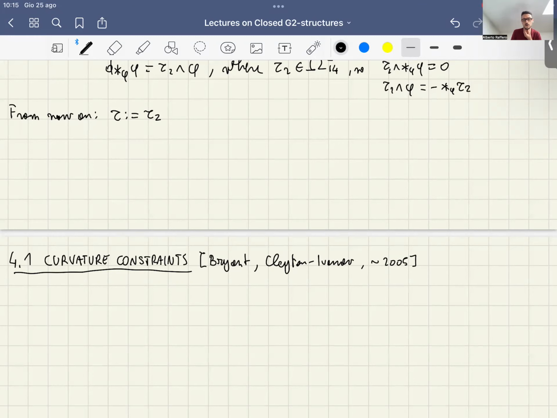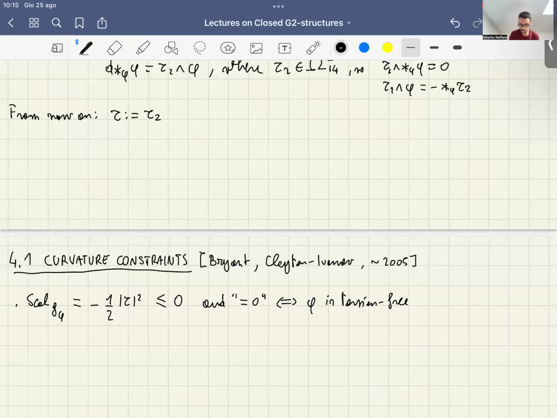In the case of closed G2 structures, what you have is that the scalar curvature of the metric induced by a closed G2 structure is given in terms of the intrinsic torsion form tau as minus 1/2 the square norm of tau. So in general, for a closed G2 structure, you have that the scalar curvature of the induced metric is non-positive, and it is equal to 0 if and only if the G2 structure phi is actually torsion-free.